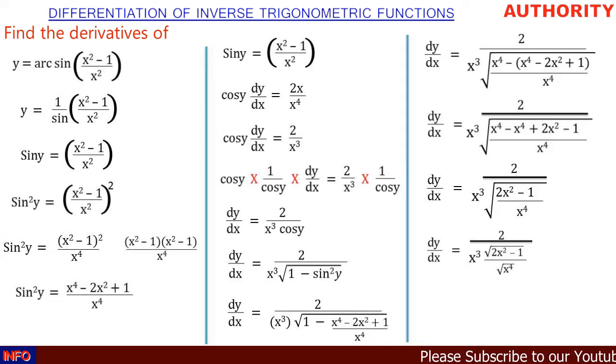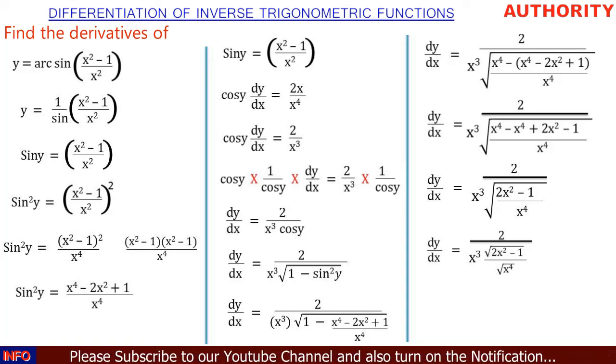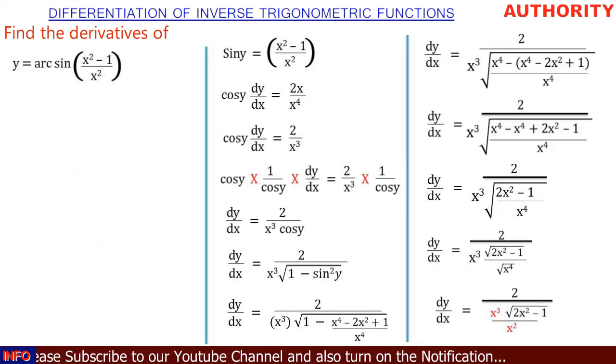It's still the same thing, right? Yes, we have square root of 2x squared minus 1 all over square root of x raised to power 4. You get it right? Now, down here, the square root of x raised to power 4 is going to give us x raised to power 2.